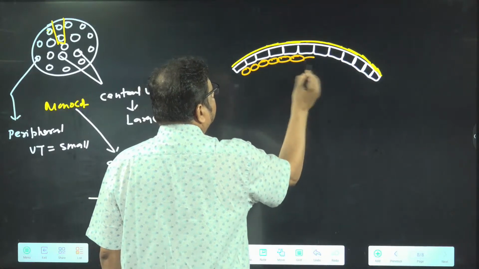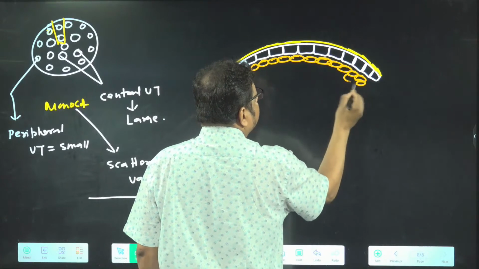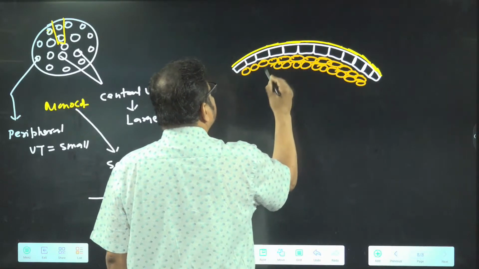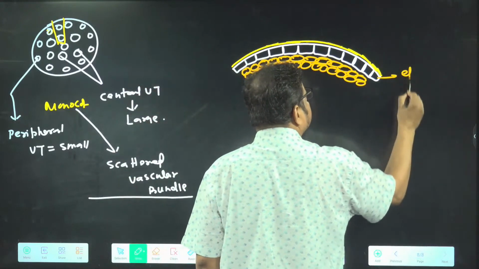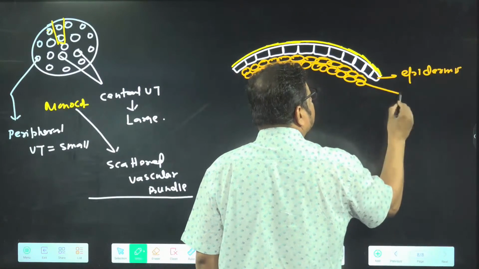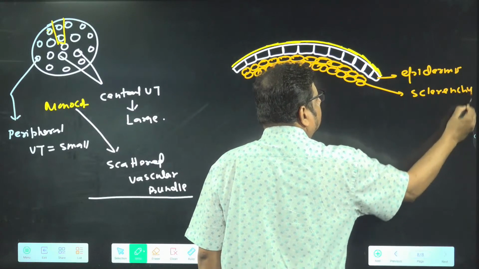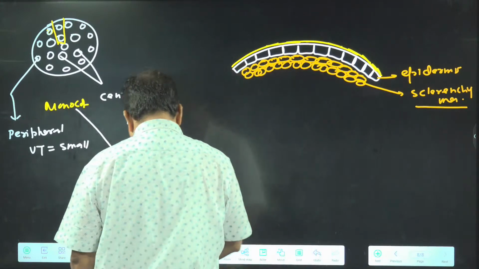Now below the epidermis, who is there? Hypodermis. This hypodermis is made up of which one? You tell me, it is a very important question. Sclerenchyma. So the hypodermis is made up of sclerenchyma, different from dicot.